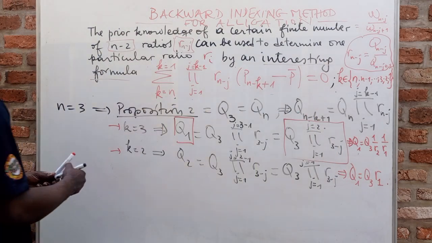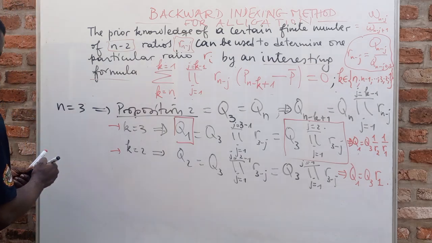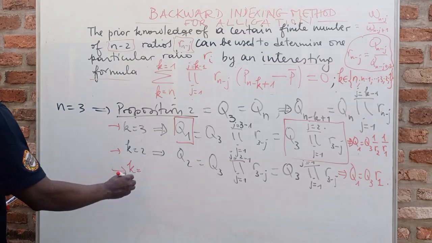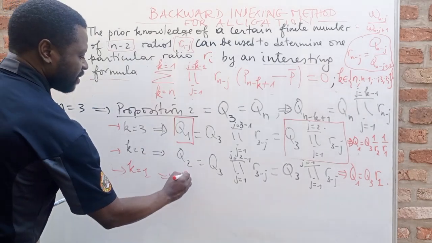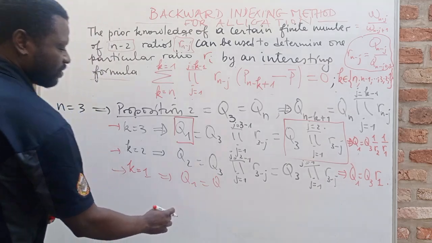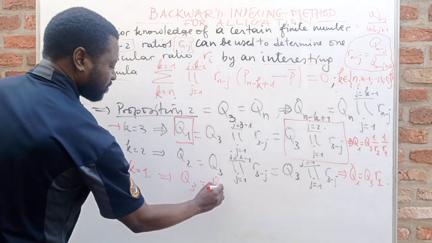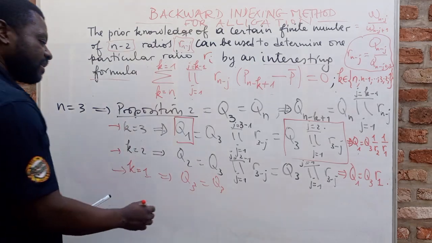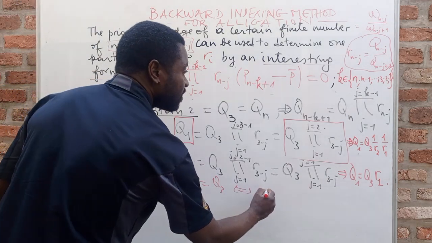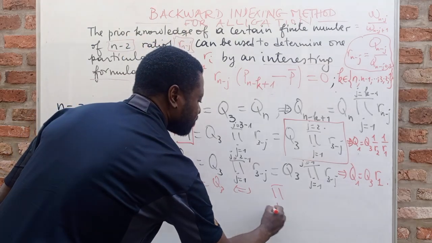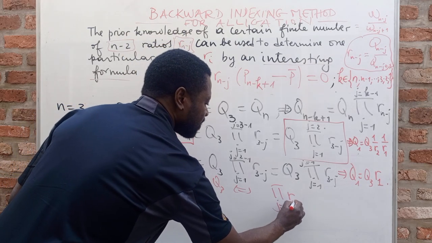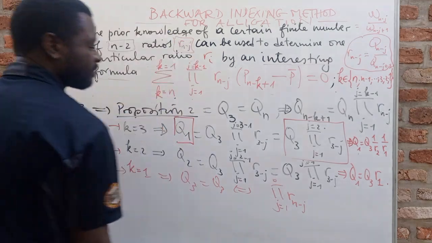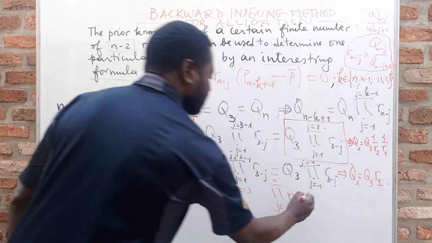Now finally, of course, the last one is a particular case. In the case k equal to 1, we have q3 equal to q3, and it is an identity, which means that in general the product of ratios from 1 until 0 is always equal to 1.